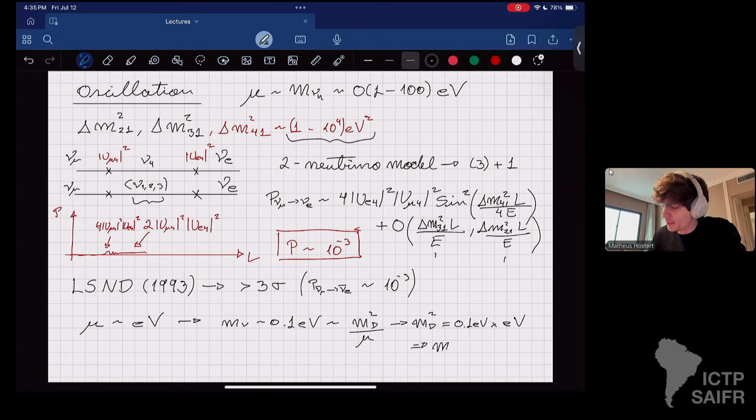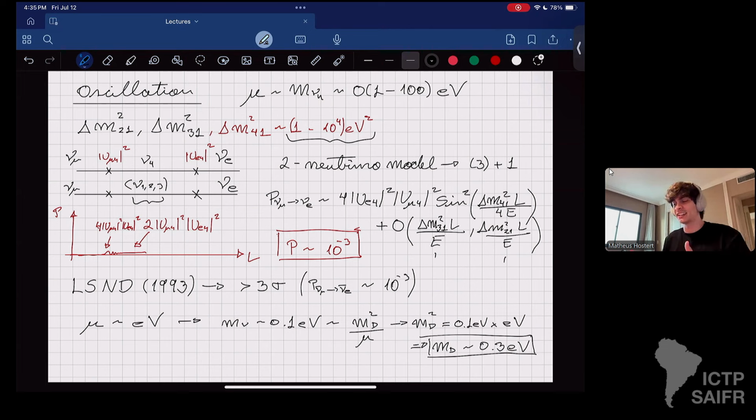So this basically means that our Dirac mass term has to be of order 0.3 electron volts. So we had this beautiful theory of the seesaw mechanism. We said mu had to be very large. The seesaw lightens the neutrino masses: the Dirac mass can be large, but the physical mass turns out to be very small.